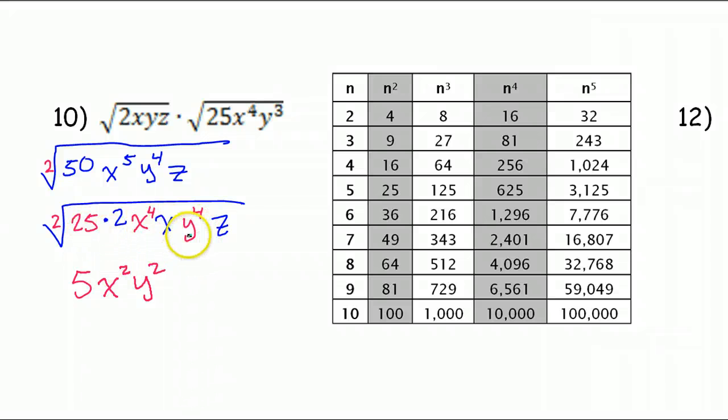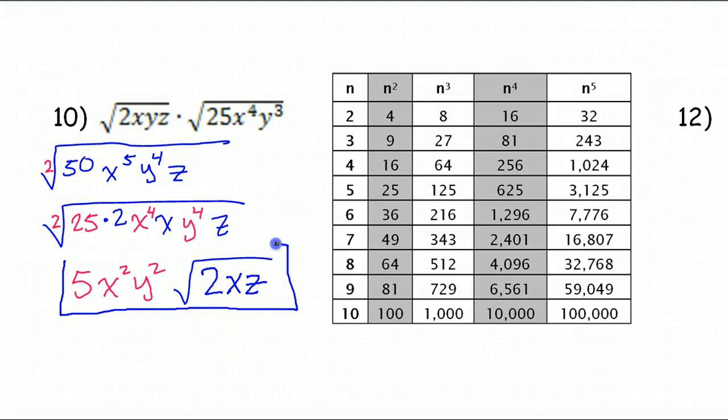So that is it for the pink stuff. Now everything in blue is going to be trapped underneath. I'm talking about your 2, your x, and your z. So this is the final answer. Please don't put a 2 right here. Minus 1 if you do that. Okay. There is your final answer for number 10.